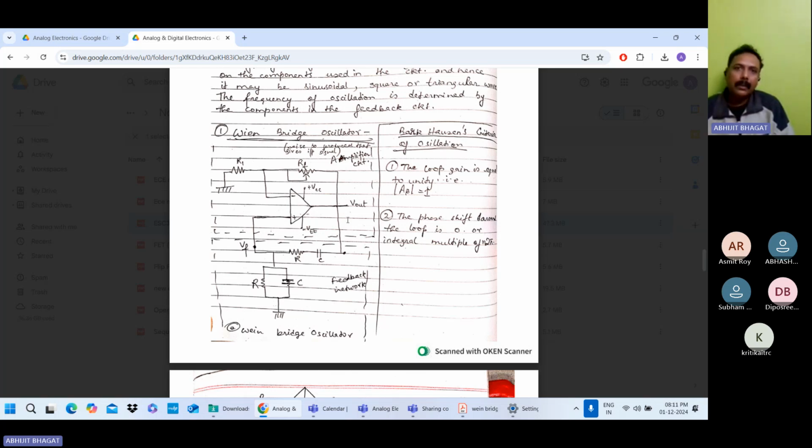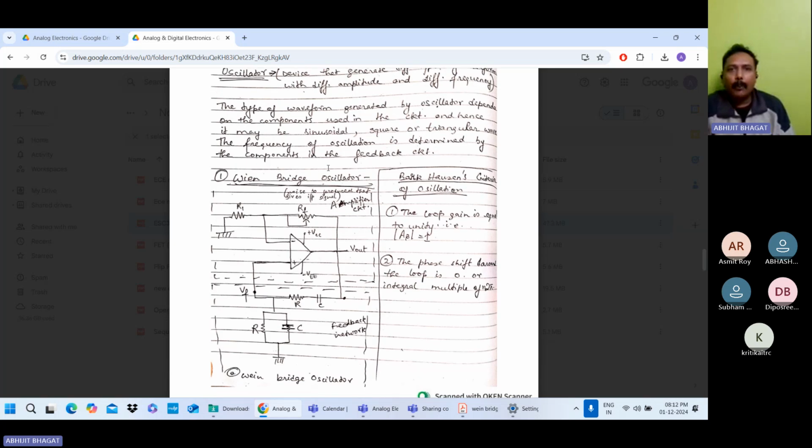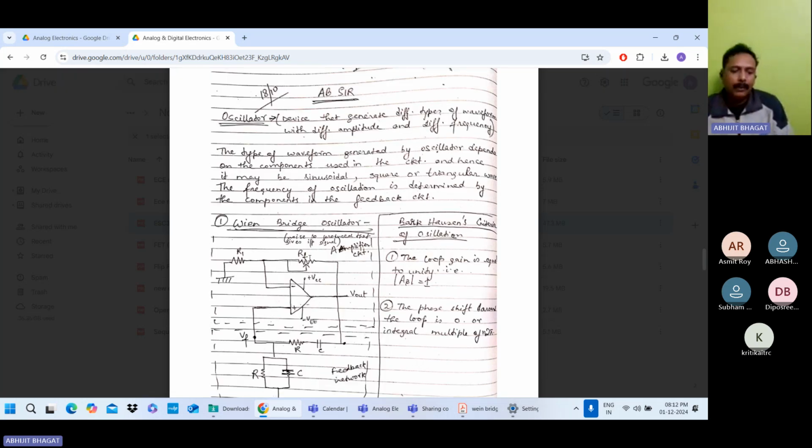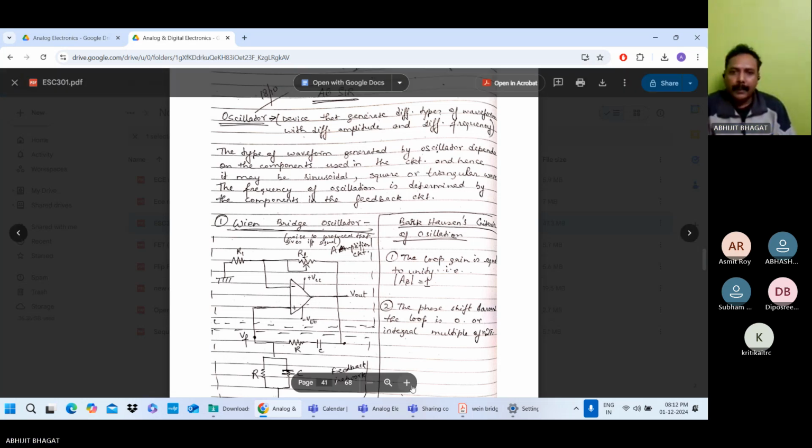And whatever the component used in the feedback circuit, that component controls the frequency, and whatever the component used in the amplification circuit, that component controls the amplitude portion. That I will discuss. So I think what is oscillator is clear. By using the oscillator, you are getting the different types of waveform across the output side.